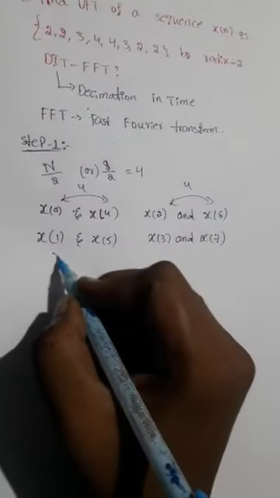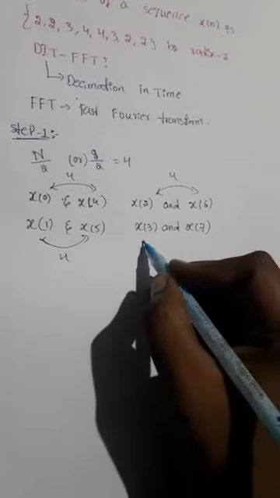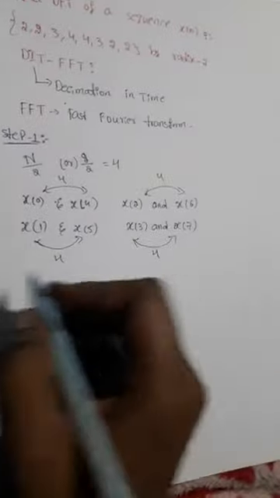Each of these pairs has a difference of 4. This is for step 1.